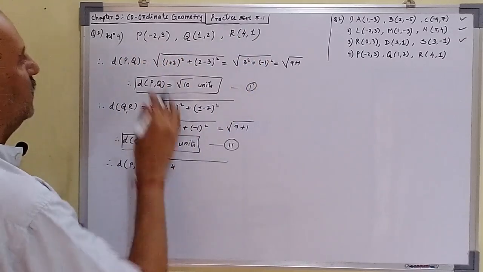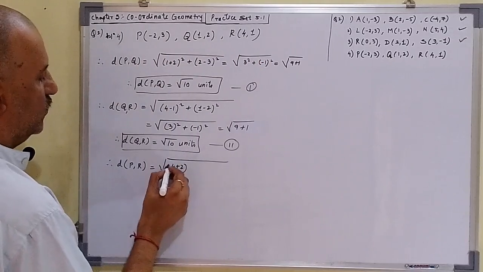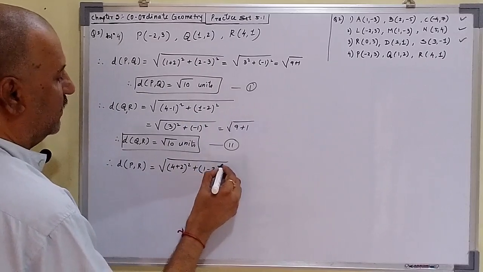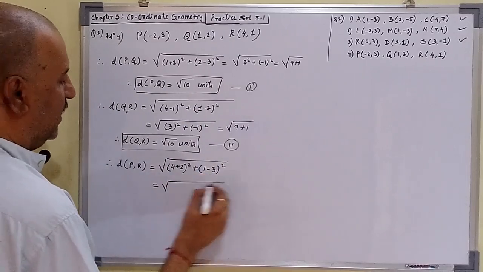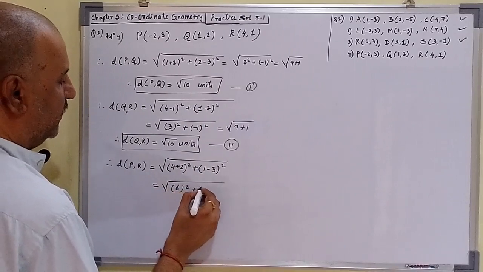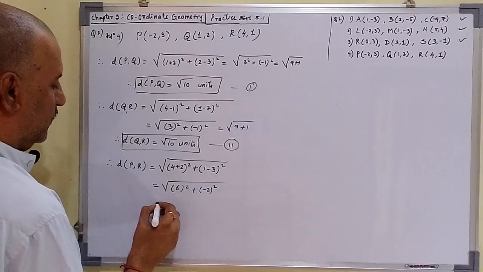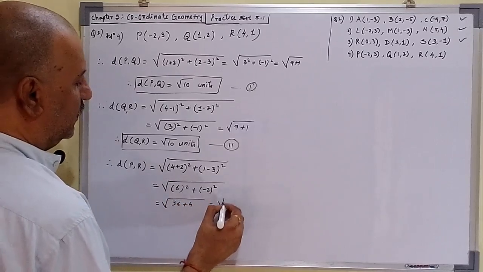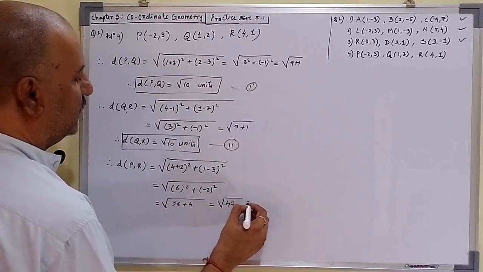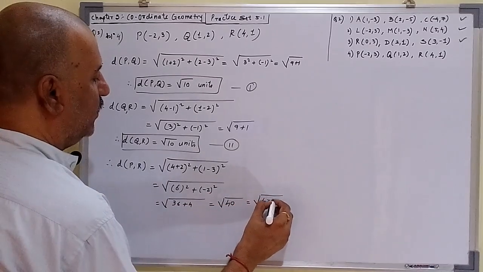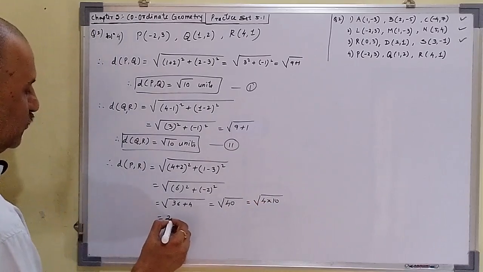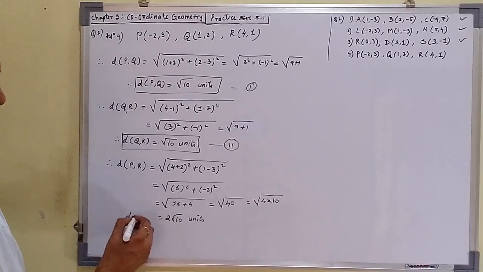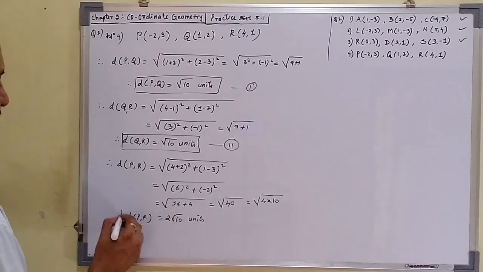So it is 4 minus (-2), plus, 2 square plus (1 minus 3). तो यह आएगा 6 का स्क्वायर प्लस माइनस 2 का स्क्वायर. सो दिस विल बी 36 प्लस 4. दिस विल बी 40. दिस कैन बी written as 4 into 10. This is 2 root 10 units. यह है डिस्टेंस PR.